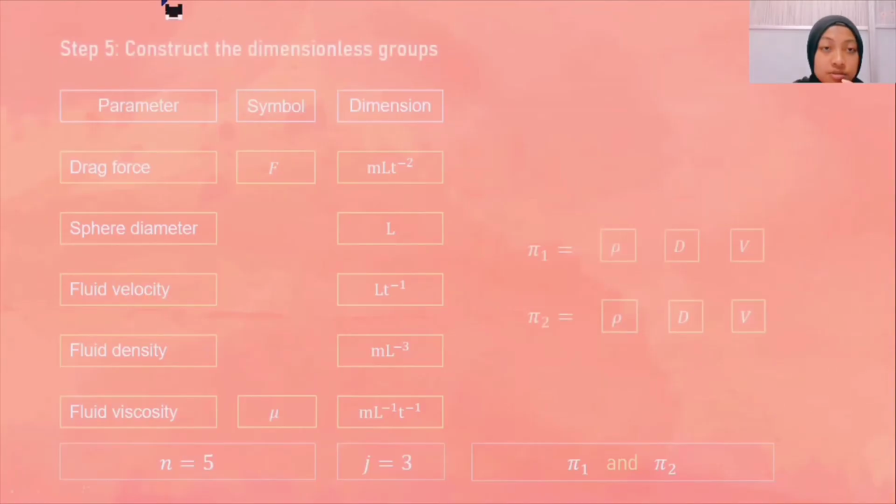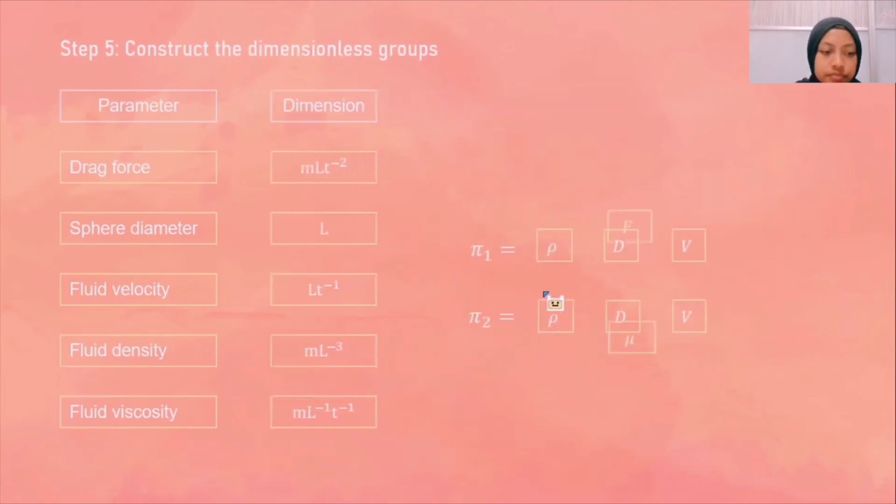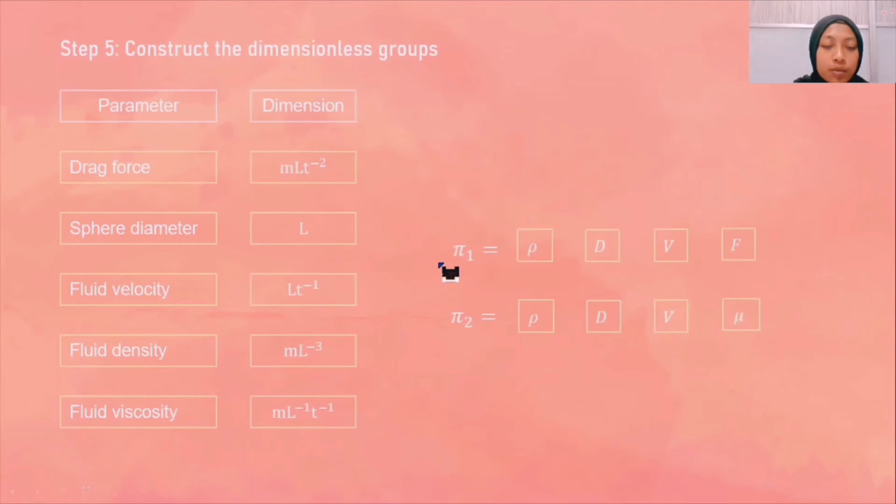Step 5 is construct the dimensionless groups. Each pi must contain the 3 repeating variables, and we add to each pi each of the remaining variables. So, pi1 and pi2 are both dimensionless groups. For this, we put powers for each of the repeating variables.